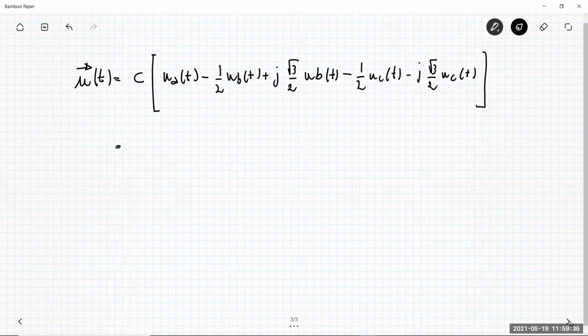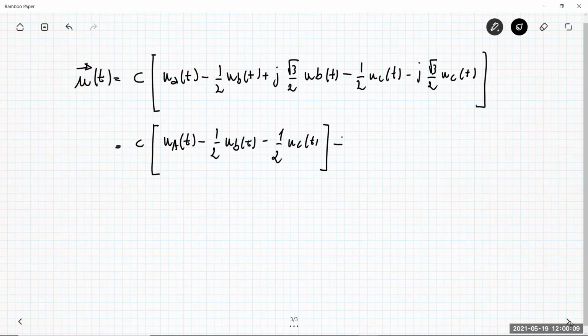So we can also rewrite, separating the real part from the imaginary part. So you can have ua of t minus 1/2 ub minus 1/2 uc, and then you have the imaginary part.